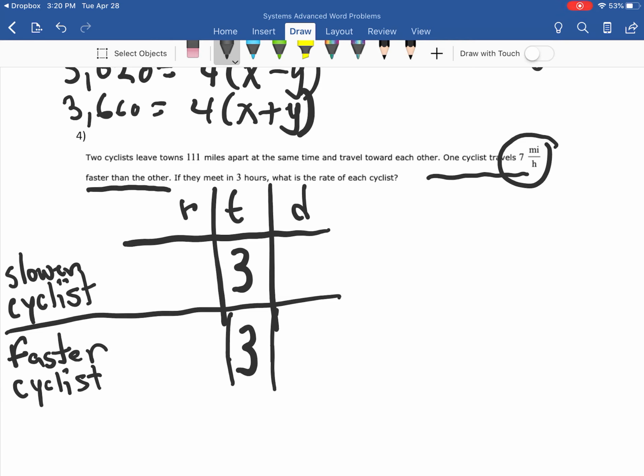So I'm going to call the rate of the slower one X, because I don't know what that is. Whatever this is, this one, the faster, has to be 7 faster than it, so I'm going to call it X plus 7, okay? And we don't really know anything about their individual distances, so I'm not going to fill this in, but I know distance is rate times time, so this one's distance algebraically must be 3 times X, or 3X.